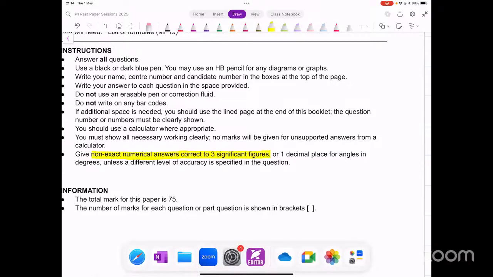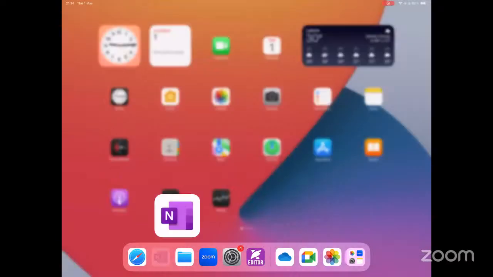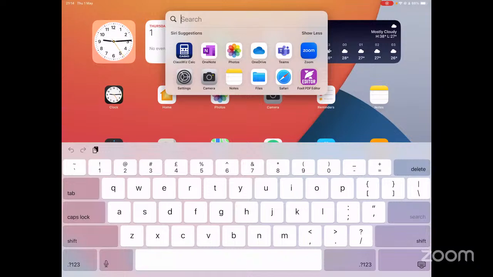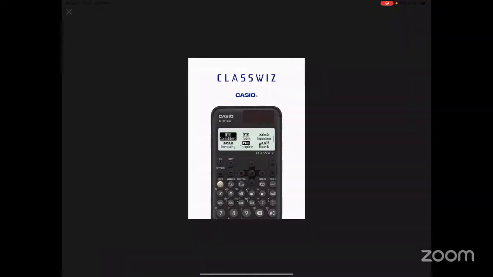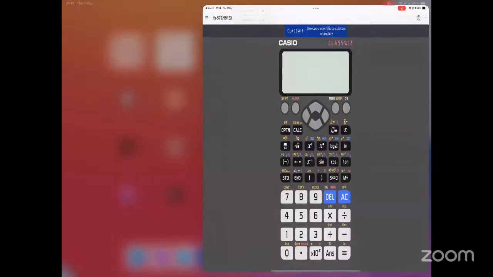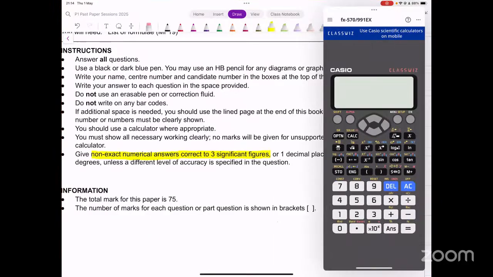If you're getting a non-exact answer, meaning something random like this, for example, where's the calculator? Okay, so if you do some calculation and you end up getting something of this form. Now this is 63.33333. It's a never-ending decimal. Or we can use something else here, 64 divided by 7 minus this.